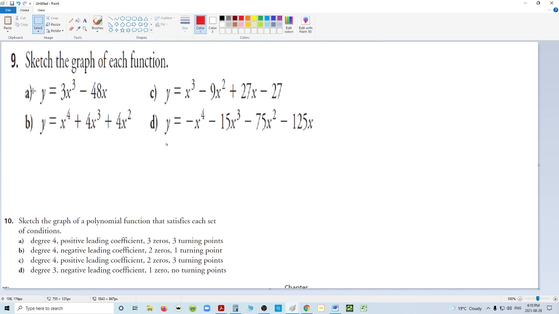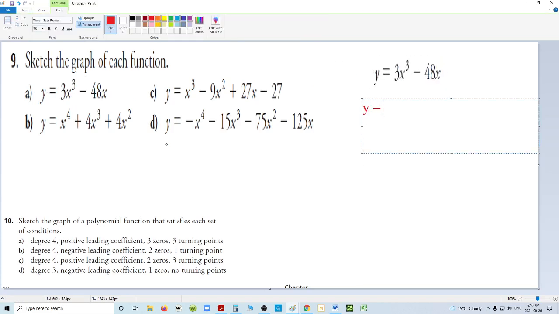Okay, for this, you have to factor before you can do it. So this one, clearly, you can factor out 3x from both of them, and you get an x squared left. And when I take the 3 out of that first one, I'm left with 3x squared minus 16.